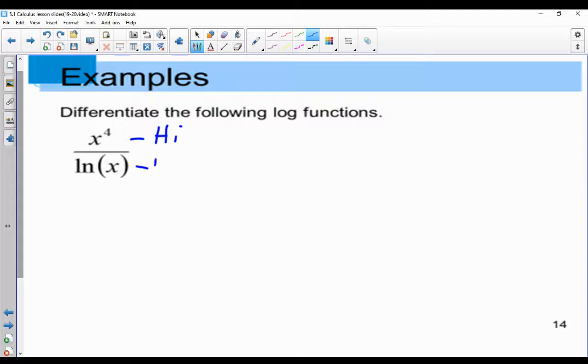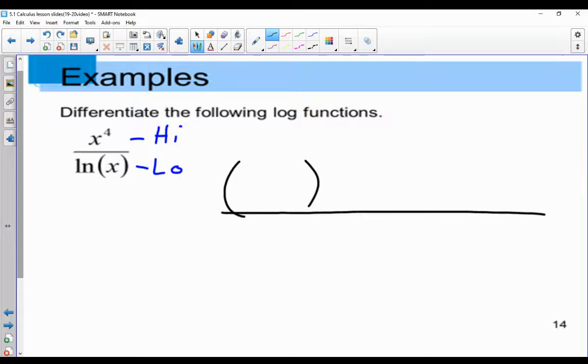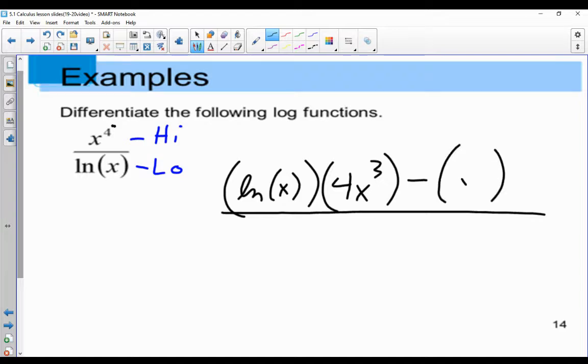So this will be the high, this will be the low. So let's go ahead and do the quotient rule. So first, I got to have my low, which my low will just be natural log of x. Low and then d high, derivative of the high, which will be 4x cubed. And then minus your high, where your high is x to the 4th, and then derivative of the low.